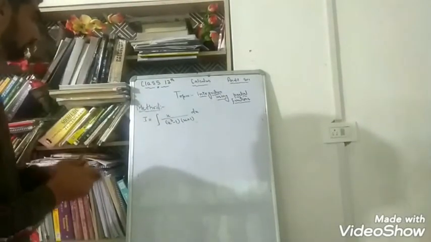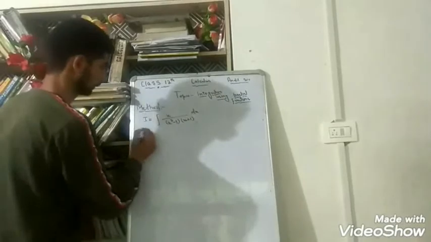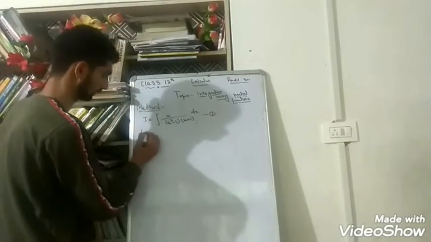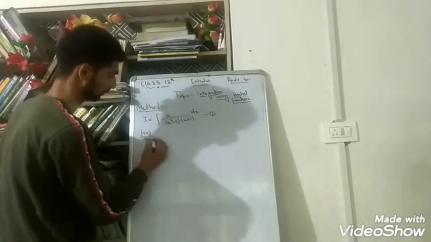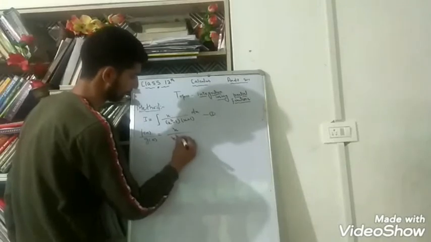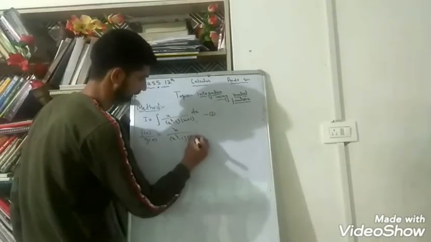So our f of x divided by g of x is equal to x divided by x cube minus 1 into x plus 1.